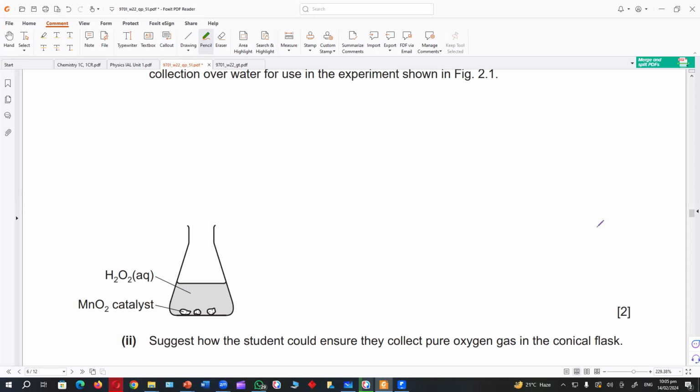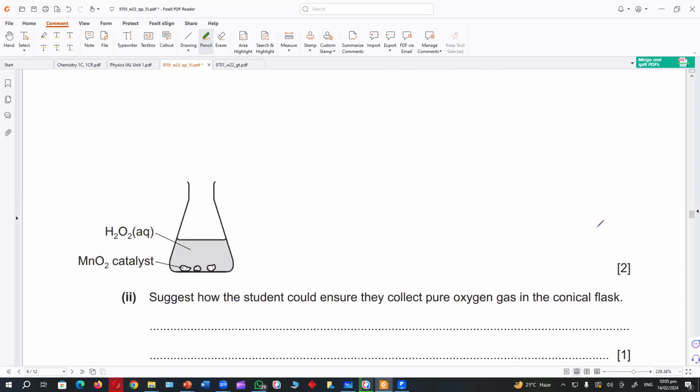So should we put a bung, something like that? We have a pipe here, and the pipe should be bending.